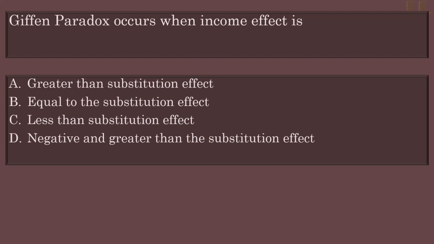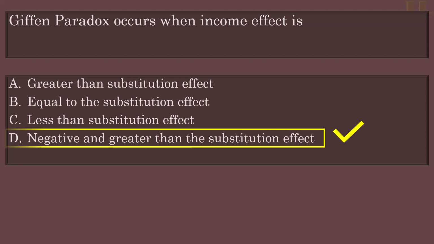For this I have discussed elaborately under the head splitting of price effect into income effect and substitution effect. Please visit my channel. Now let me give the correct answer. D. Option D is the correct answer. Negative and greater than substitution effect. Income effect must be negative, and this negative income effect is stronger than or greater than the substitution effect.